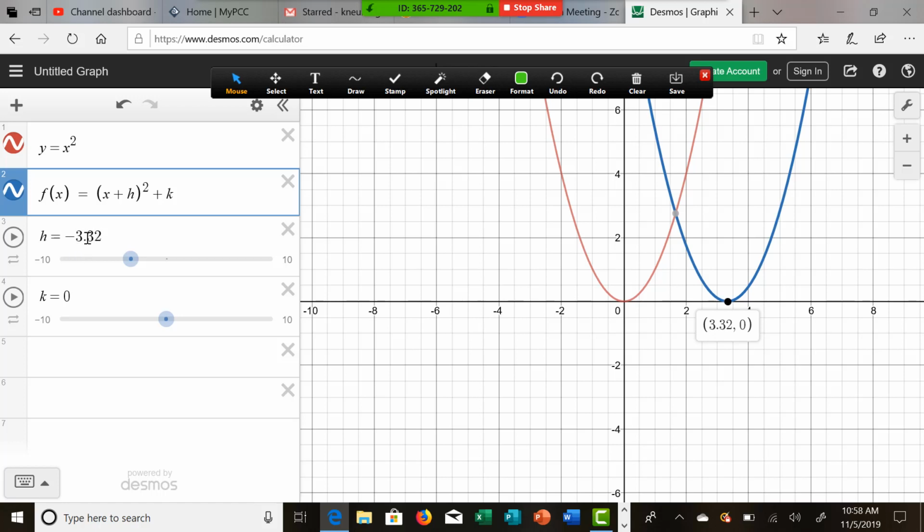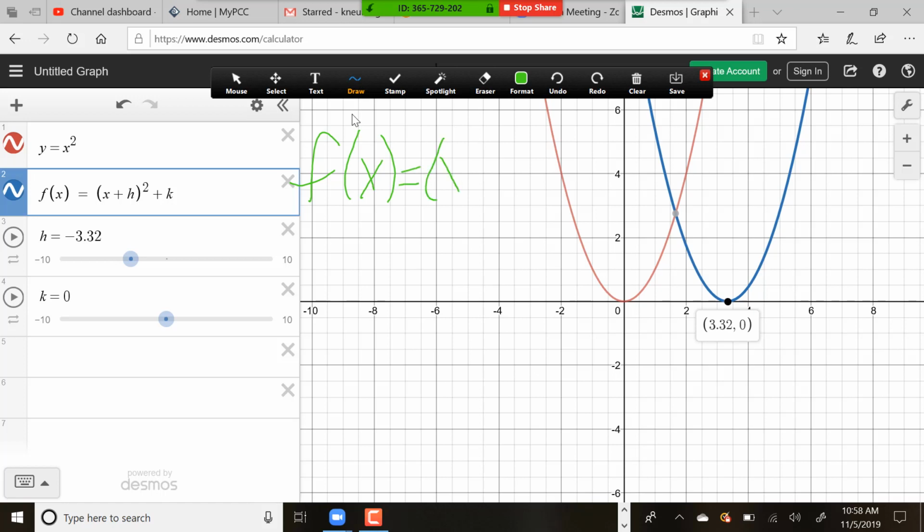One nice thing that I like to think about is if I took this negative 3.32 and I added it to where I am right here at 3.32, I would get 0. Our h in this equation is a negative 3.32. That is the equivalent of having f of x equaling x minus 3.32 squared.